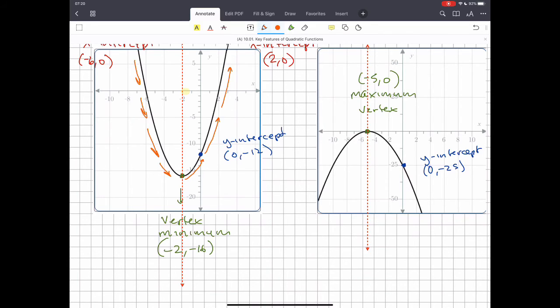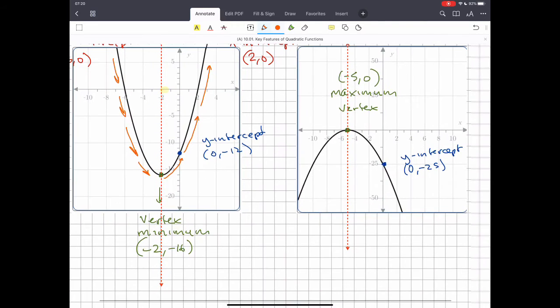Looking at the graph on the right, if I start to the left side of the vertex, our graph is increasing, and as it reaches the vertex, and this is why it's called a turning point, the graph then goes in the opposite direction, and now it's decreasing. So those are some behaviors that we need to look at as well.